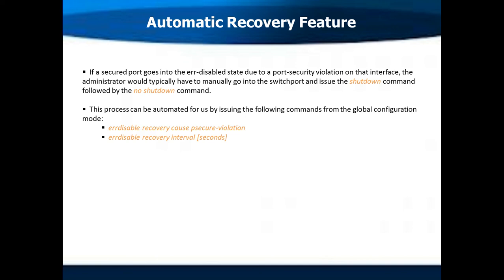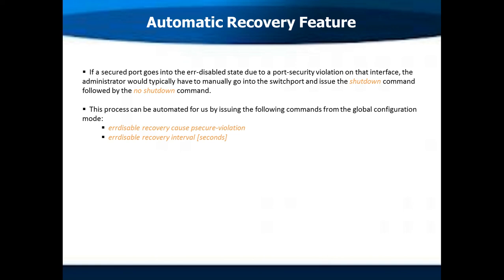But we can automate this process by issuing the errdisable recovery cause psecure-violation, which stands for port secure violation, followed by the errdisable recovery interval and however many seconds. Those two errdisable commands are done from global configuration mode. What it's telling you is this: if a port security violation occurs, recover that interface after X amount of seconds.